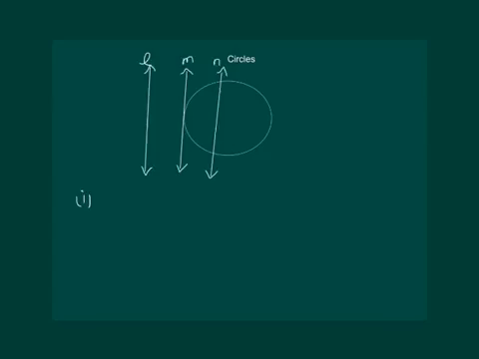In the first case, when the line has no common point with the circle, we say that L is non-intersecting line with respect to the circle.